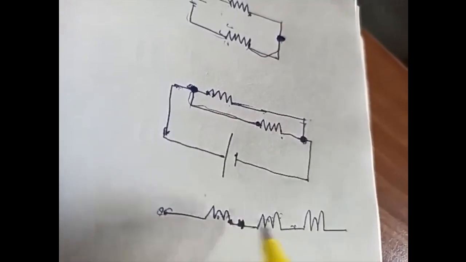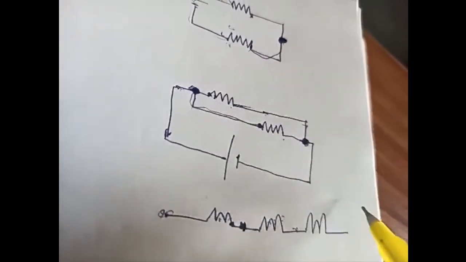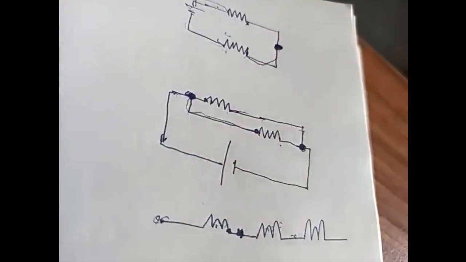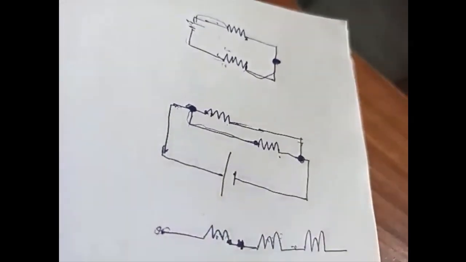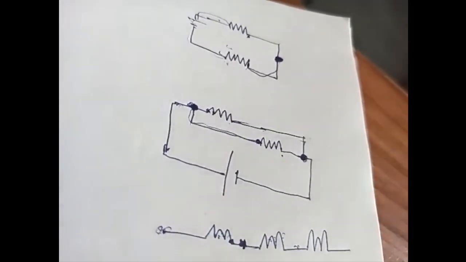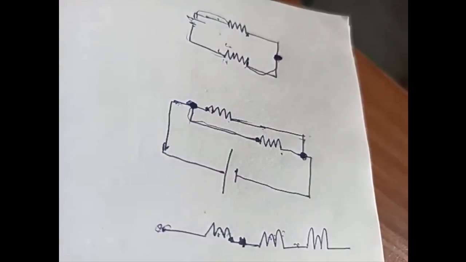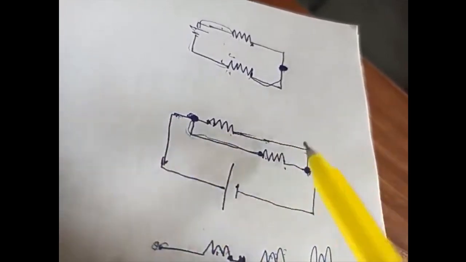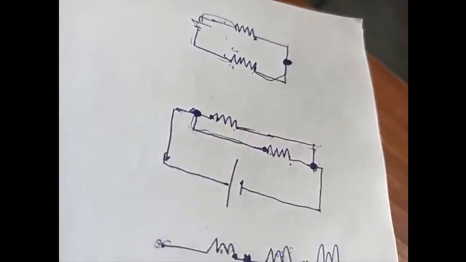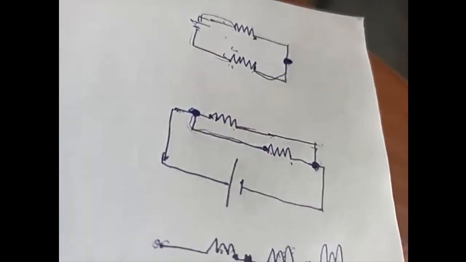These two are connected in series only. That is the way to find out whether they are in series or parallel: check whether both the ends are touching anywhere, without anything in between. Then we can say they are connected in parallel. Is that clear?